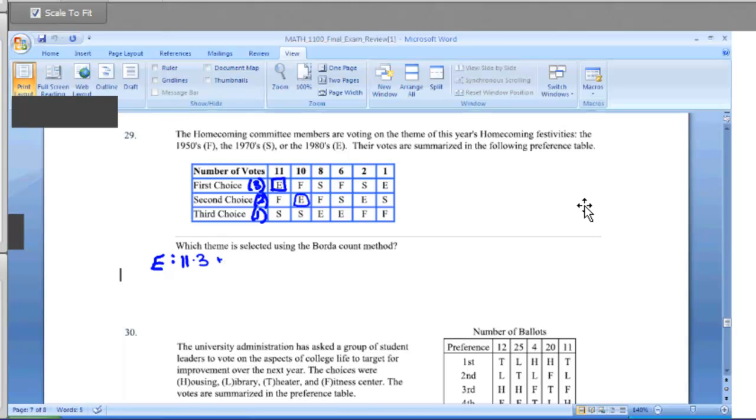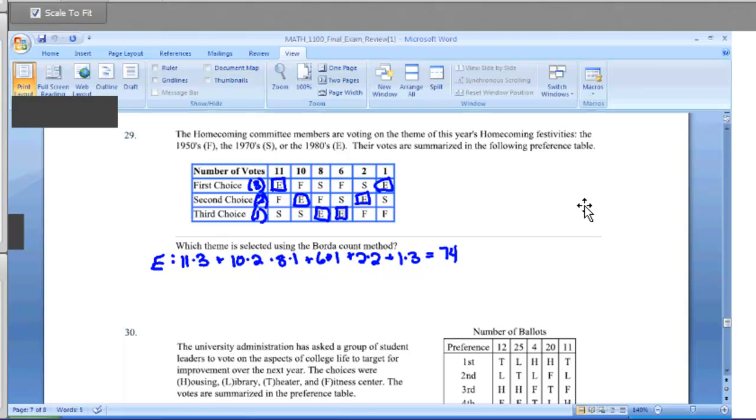And here we have 10 students that want it as their second, 8 students that have it as their third, 6 more students that want it as their third, so 6 times 1. 2 students that want it as their second option. And then 1 more student that has it as their first choice. And when we work that out, that gives us 74 points.